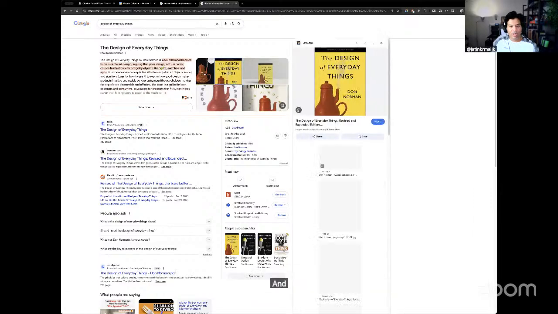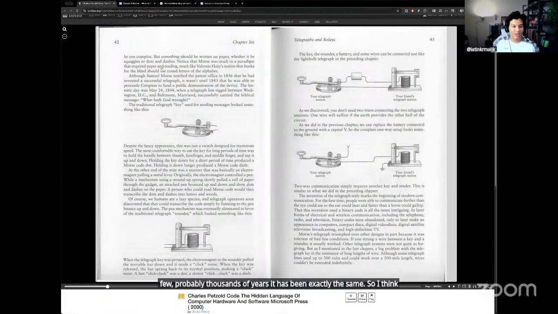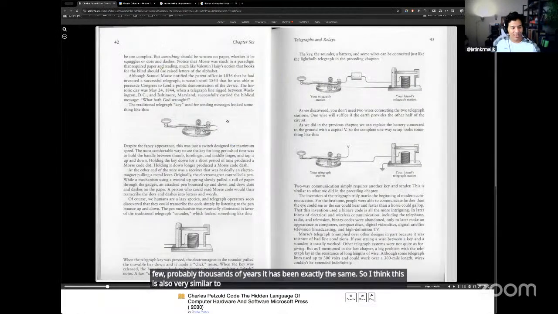It talks about a lot of things that we use day to day, where the design has not changed ever since they were invented. So for example, your glasses, the specs that you wear, have been the same for the last few hundred years. The design of a spoon, probably thousands of years, has been exactly the same. So I think this is very similar.